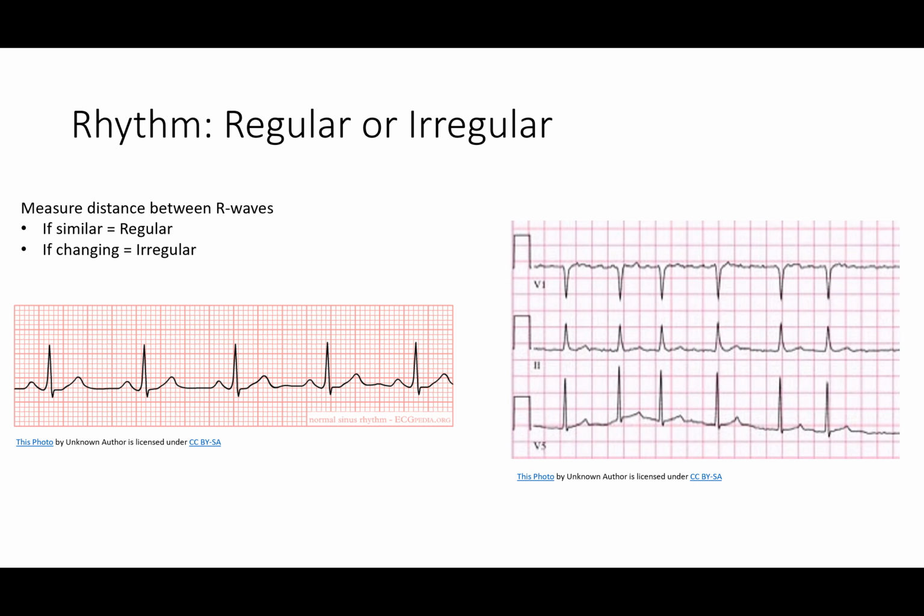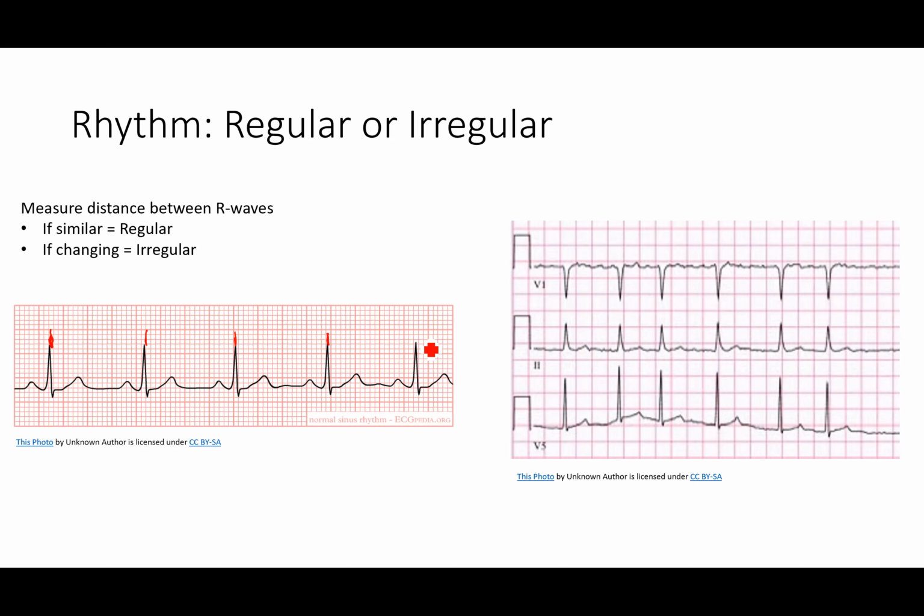And we touched on this a little bit in the last lecture. When we say regular, what we mean is the distance between the R waves is either on the whole the same or seems to be changing beat by beat. So for example, if you look at the picture that we have here on the left, if you took the R waves and you just measured the distance.